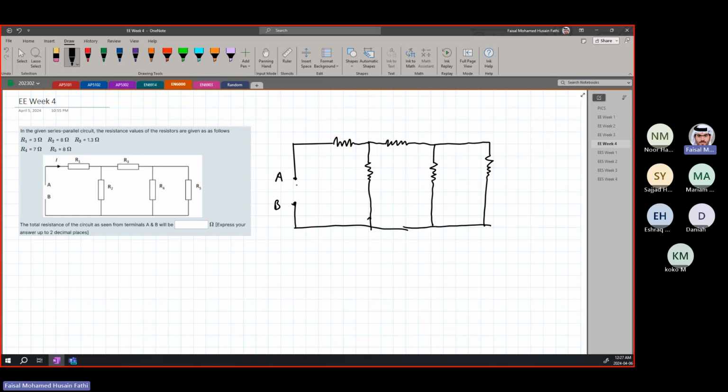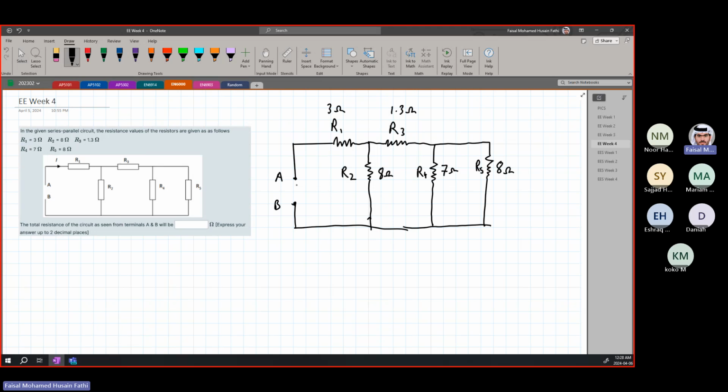Okay, so we have R1, which is 3 ohms, and then R3, which is 1.3 ohms, and then R2, which is 8 ohms, and then R4, which is 7 ohms, and then R5, which is 8 ohms. Okay?